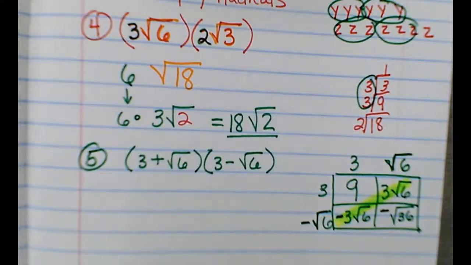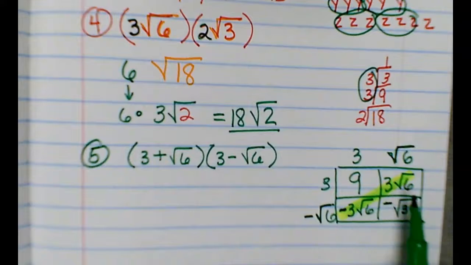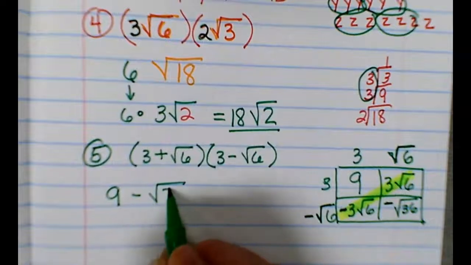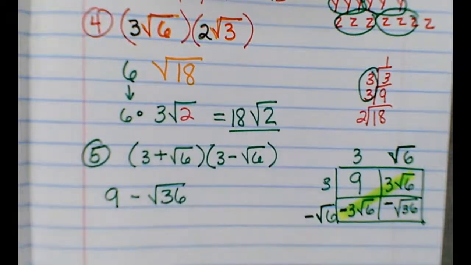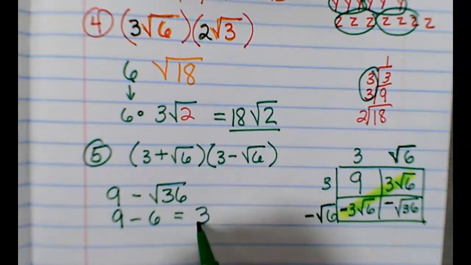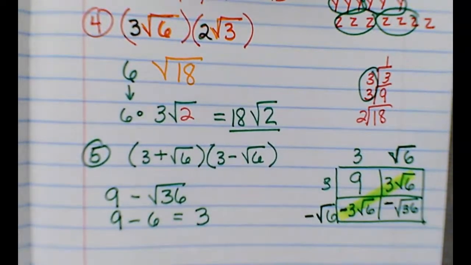They're exactly the same except I have a positive 3 and a negative 3. Those are going to cancel out. So this is going to give me 9 minus the square root of 36. What is the square root of 36? The answer is 3.